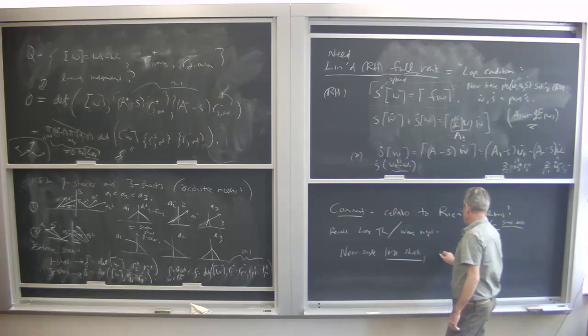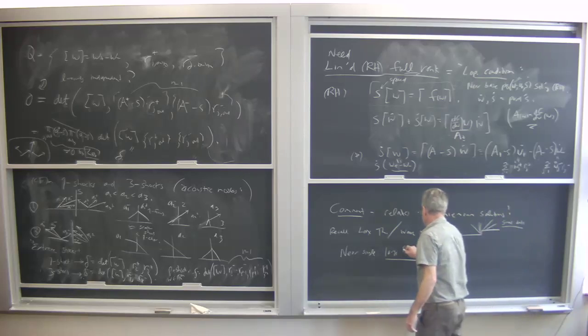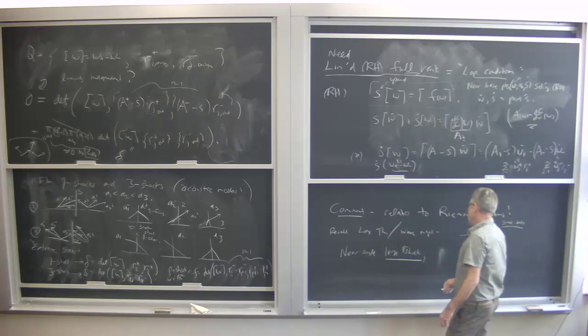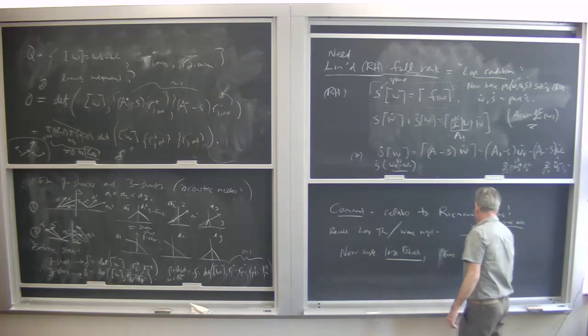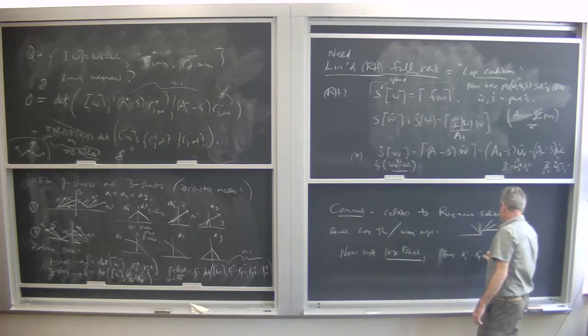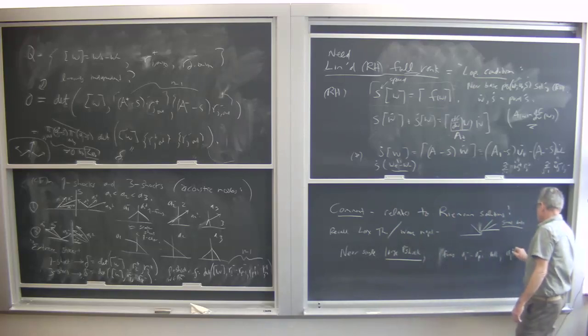So we have families, large P shock, P being the family, and then we will have families A1 minus through AP minus 1 minus on the left, AP plus 1 plus up to AN plus on the right.